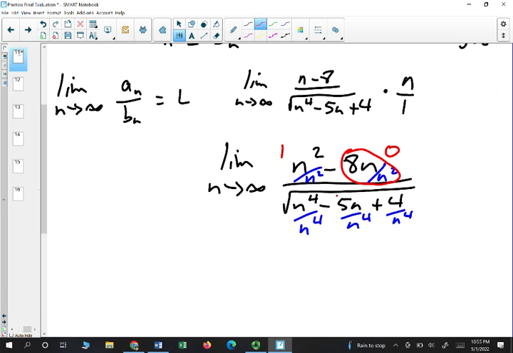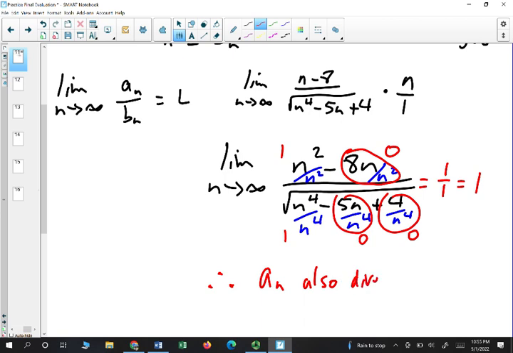This will be 5 over n cubed, which will go to 0. 4 over n to the fourth would go to 0. And this will be 1. We have 1 over 1, which is a finite limit. So therefore, we would say that a_n also diverges by limit comparison test.